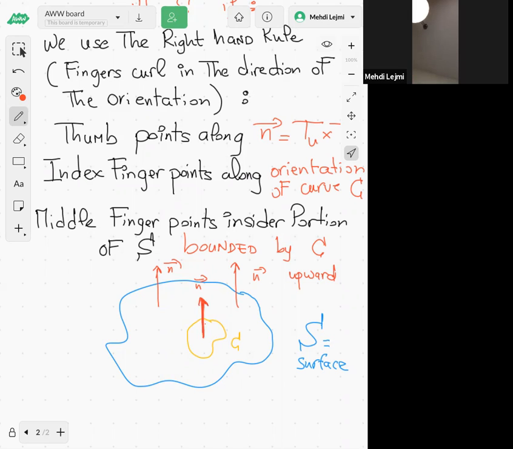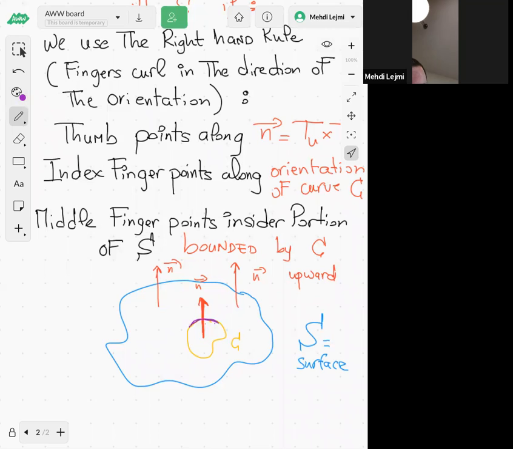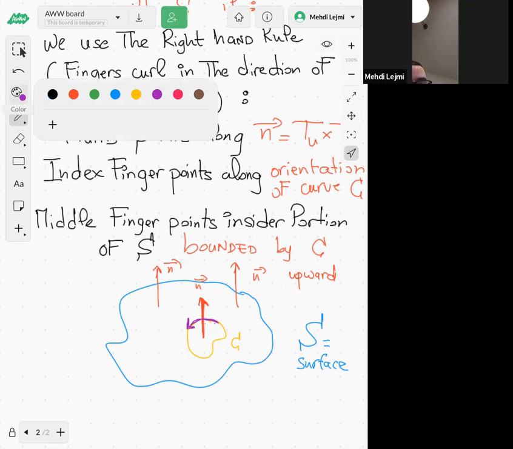Now your index finger would point along the orientation of C. So in this case, let's say the orientation of C is this one here. Okay, and then your middle finger will point inside the portion of S bounded by C. So the middle finger would point inside here.